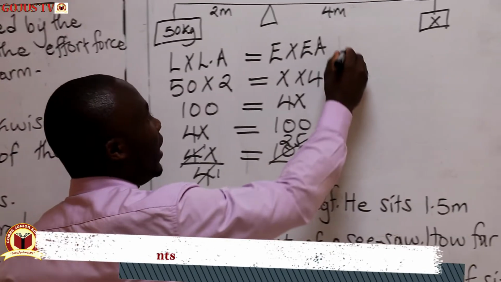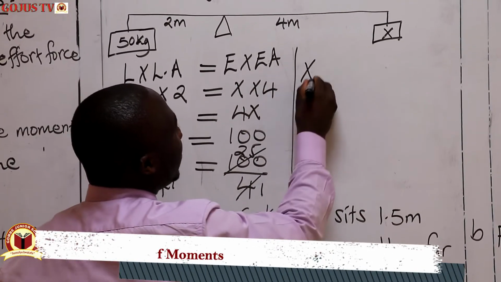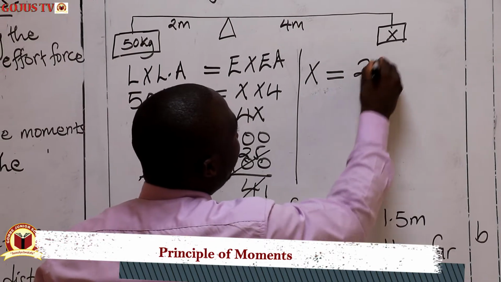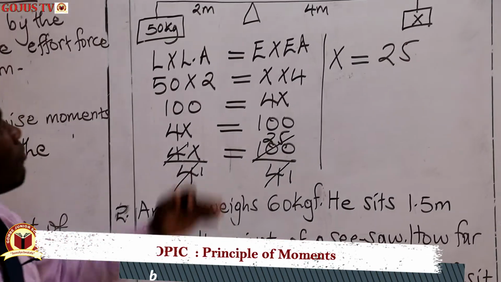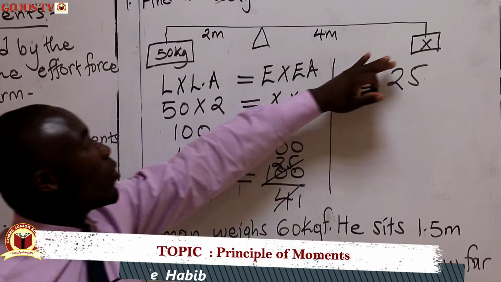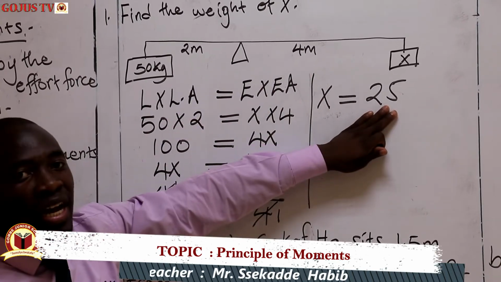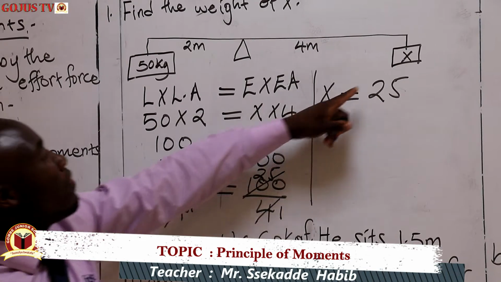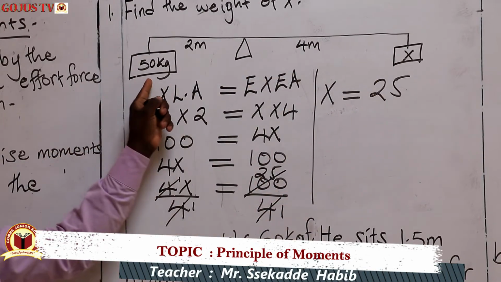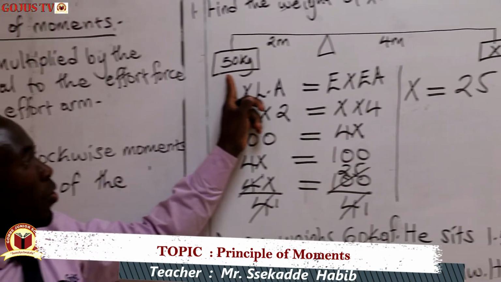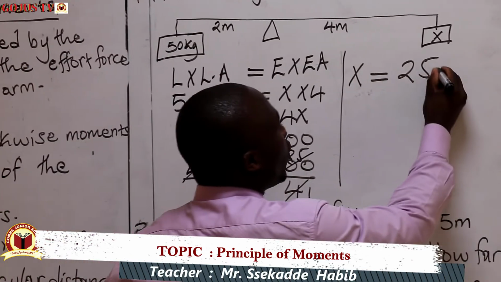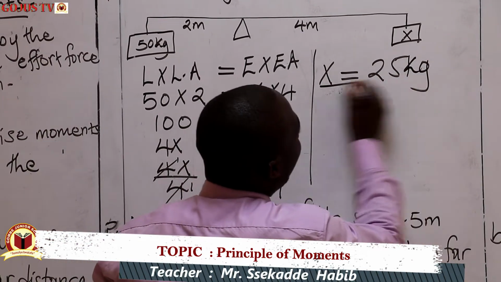So we can say that our x is equal to 25. But then we have to look back and see what we are looking for. If it is distance, then we shall put meters. But in this case, we are looking for a weight, and this weight has been given to us in kilograms. So therefore, we shall also put kilograms here.